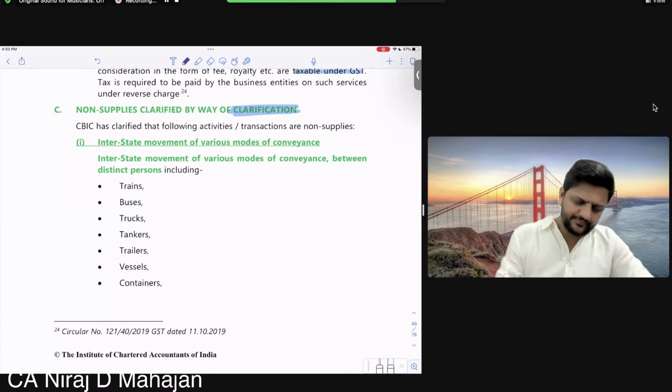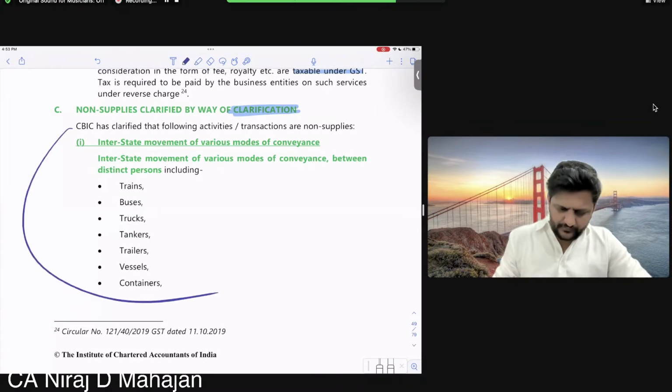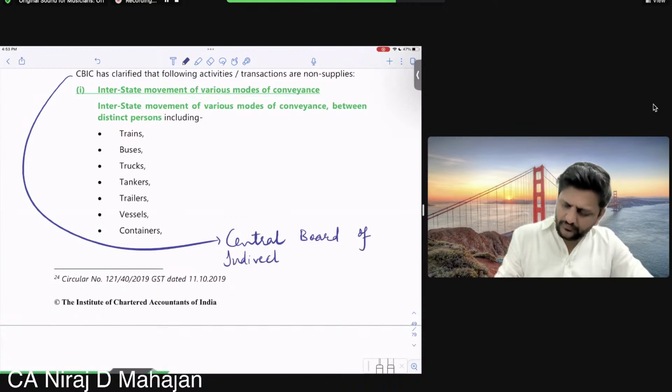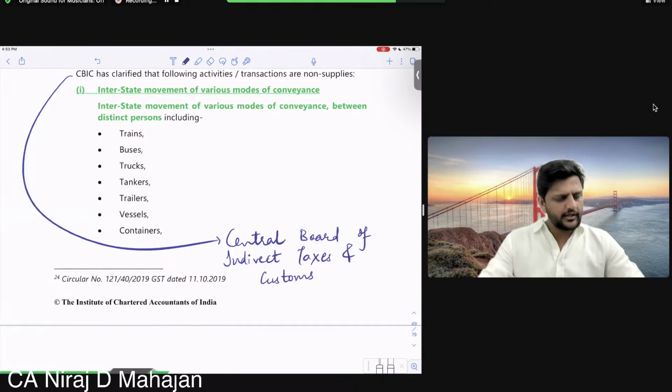So CBIC, write down somewhere in the notebook or textbook, Central Board of Indirect Taxes and Customs.